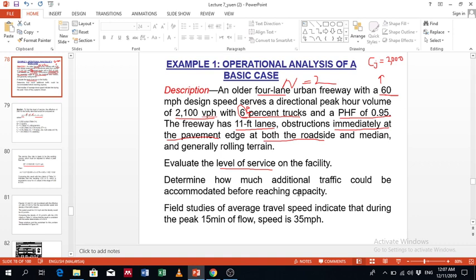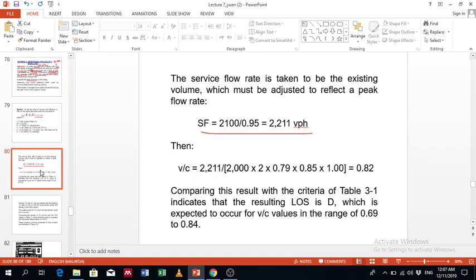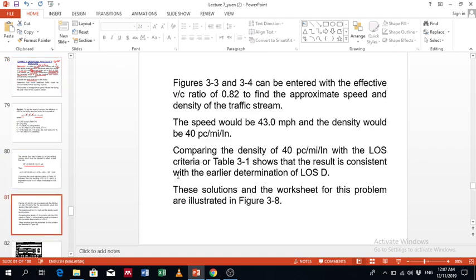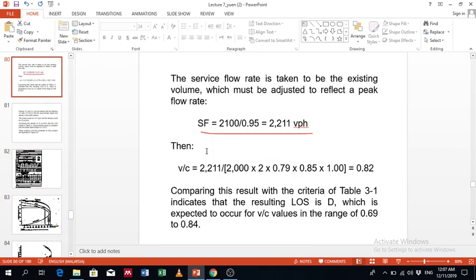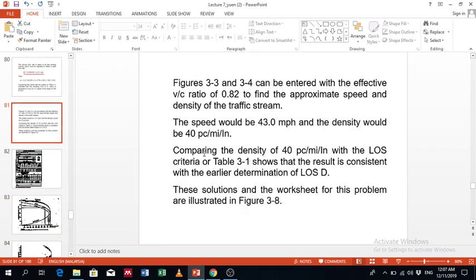It is full. The highway is completely full. So how much is the rest? According to figures 3.3 and 3.4, can be entered with the effective V over C ratio, which is 82%, to find the approximate speed and density of the street.